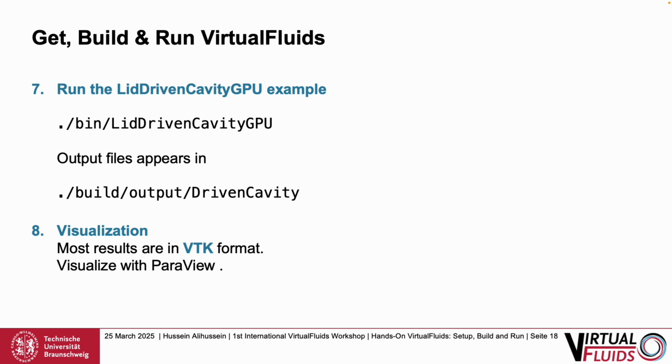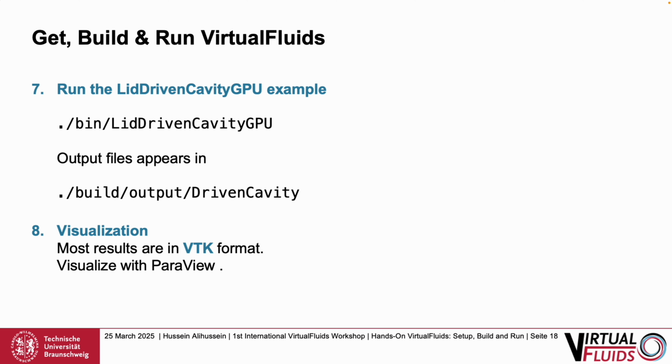This is the way we run our examples on GPU. We call this line, or on CPU we have to provide an extra configuration file. I guess there are also configuration files for GPU. Then we simply see the results in ParaView.